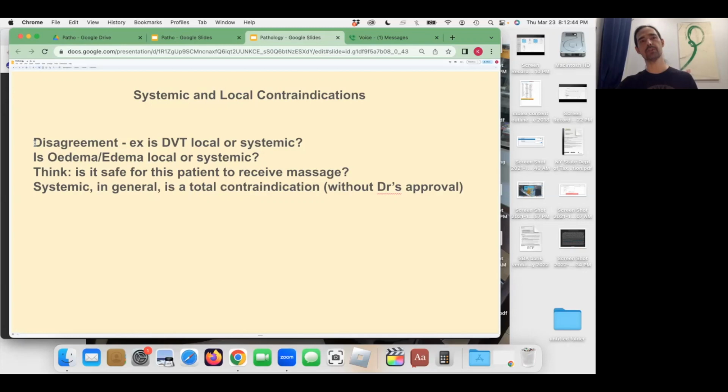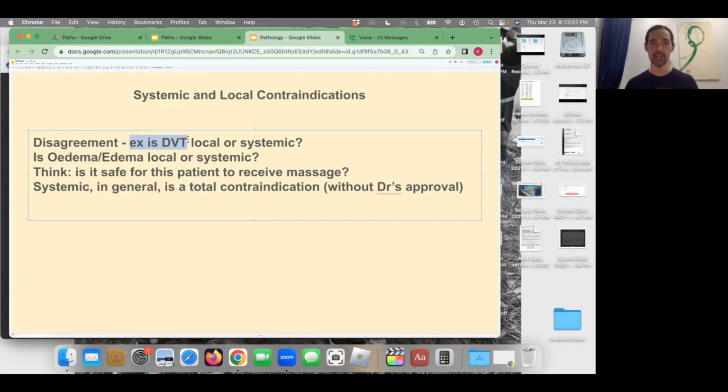Some of the places where you will see disagreeing points of view, either between faculty members or on the internet, is DVT, deep vein thrombosis. Deep vein thrombosis often looks like the swelling of a leg. It often occurs in the leg, although you can get it in other parts of the body. And often it looks like swelling of the leg, with extreme pain or tenderness with the slightest amount of touch around a DVT.